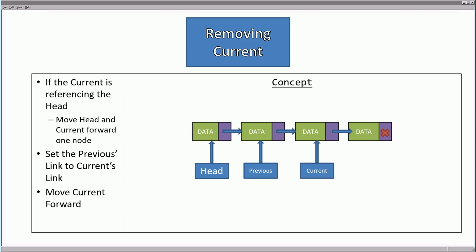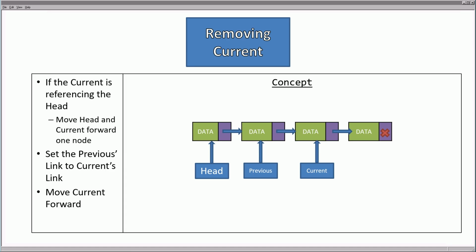Looking at this conceptually, let's only remove the information that's being referred to from current. Now, as mentioned before, the head reference is important because it will always refer to the first element in a linked structure. So there is usually a case when we add elements or remove elements that involve the head.